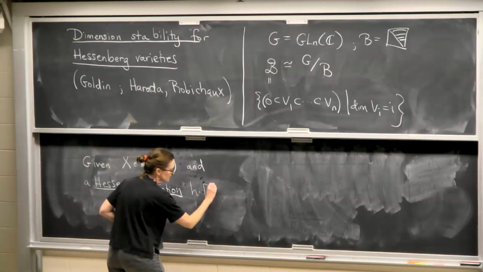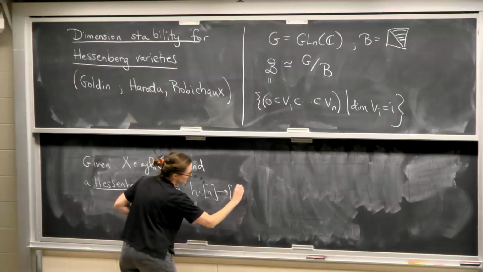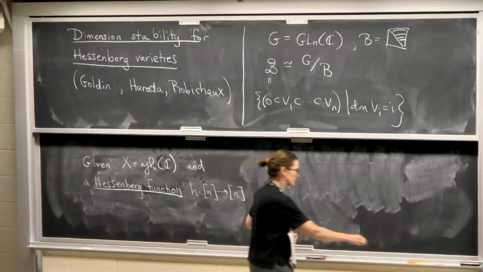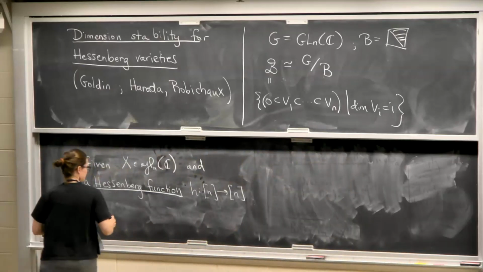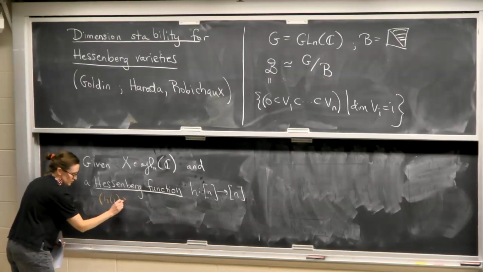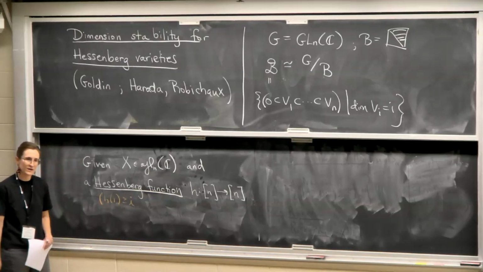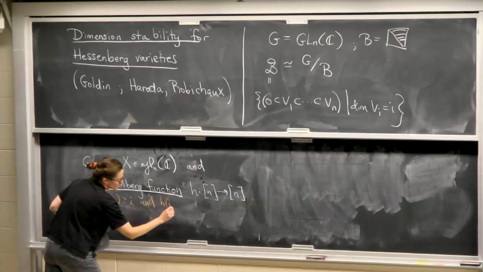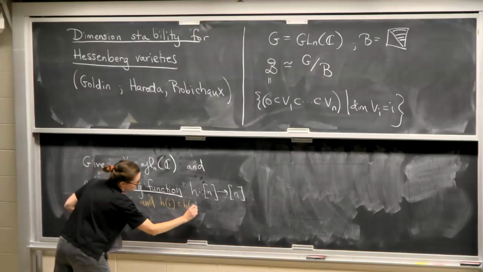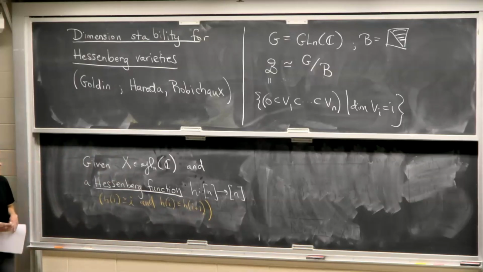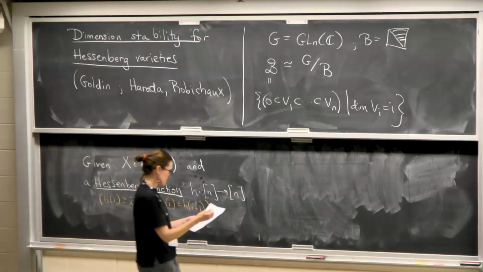It is a function from the numbers 1 through n to 1 through n. And when I say Hessenberg function, I mean here specifically for this talk that h(i) is greater than or equal to i for every i. And I'm going to require that my h be weakly increasing. So given these two pieces of information, I get a well-defined subvariety of the flag variety.